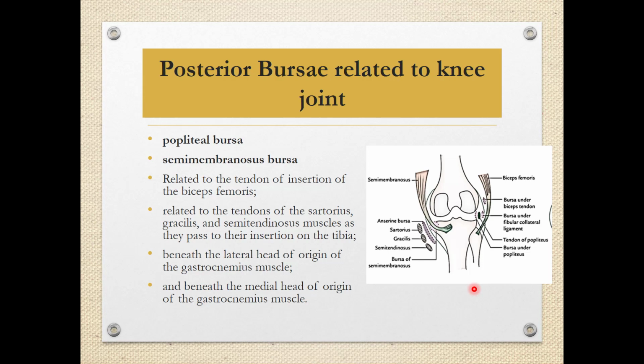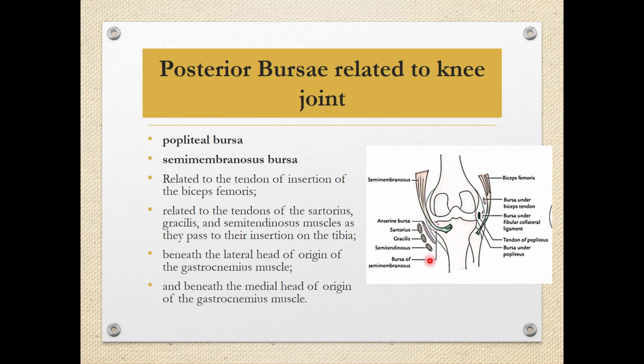Now we will discuss the posterior bursa related to the knee joint. There are 6 bursa which are present on the posterior side of the knee joint. First of all, there is the popliteal bursa. Remember this thing. Then there will be the semimembranosus bursa. This is the semimembranosus muscle and there will be a bursa of the semimembranosus.